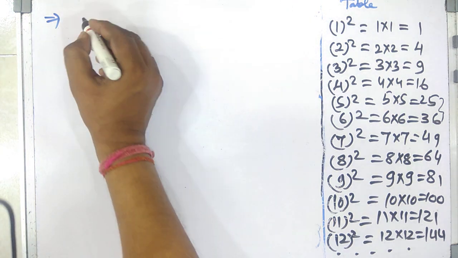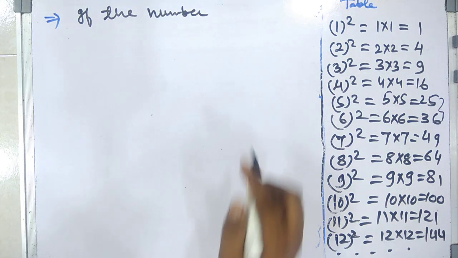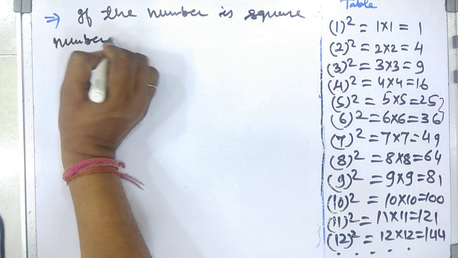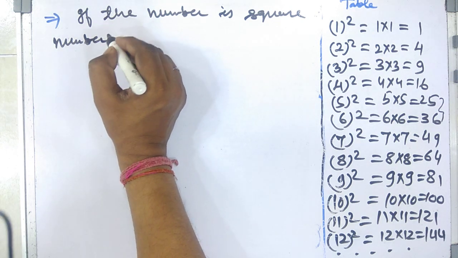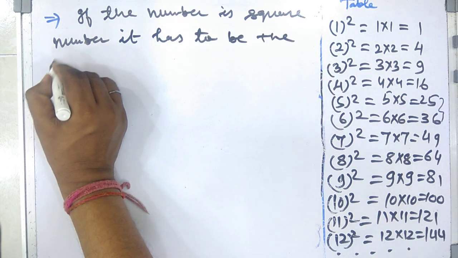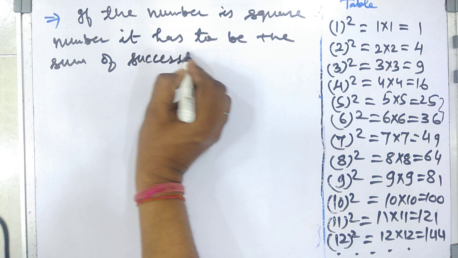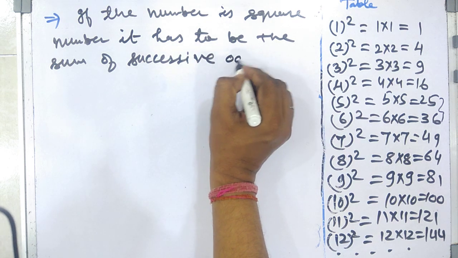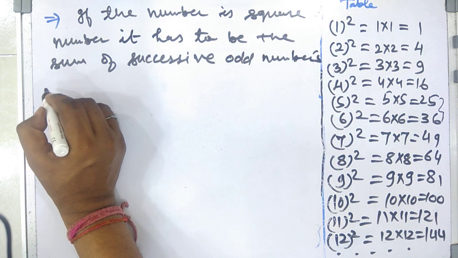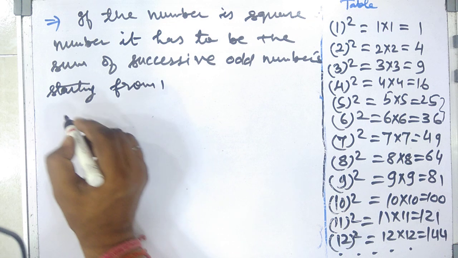If the number is a square number, it has to be the sum of successive odd numbers starting from 1.